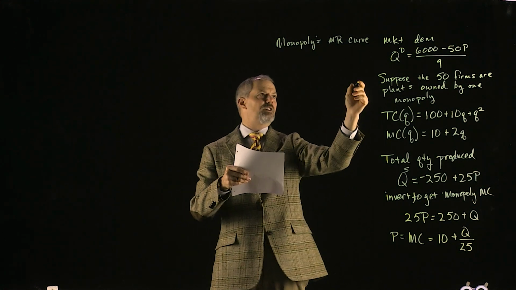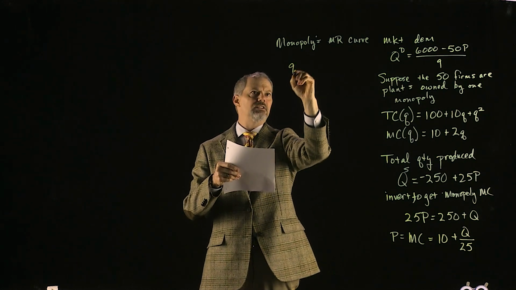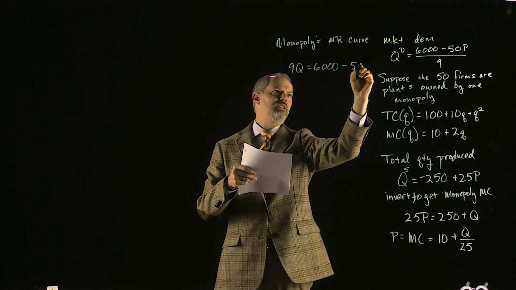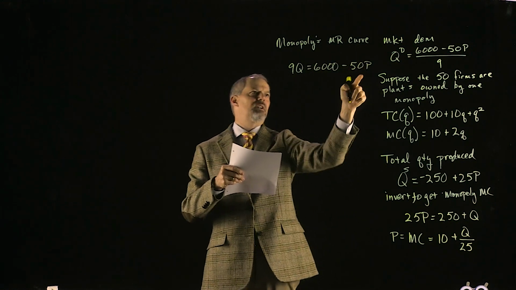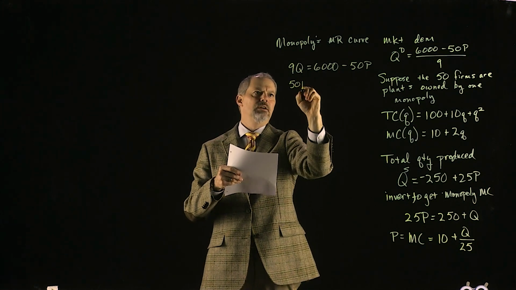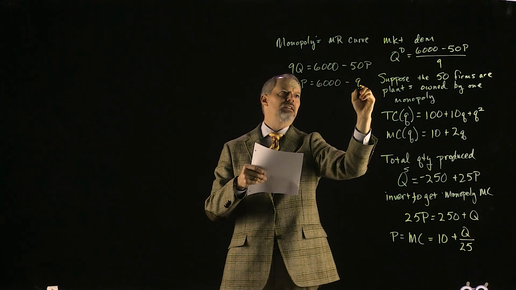So I'm going to invert this. I'm going to multiply through by 9. That gives me 9Q equals 6,000 minus 50P. I'm going to take my 50P over here and my 9Q over there. I get 50P equals 6,000 minus 9Q.